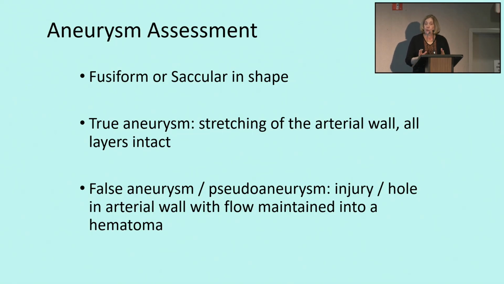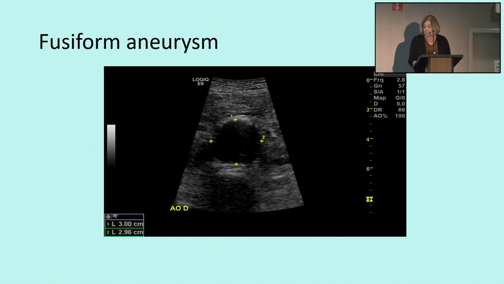A false aneurysm or pseudo-aneurysm is going to be an injury with a contained hematoma, a bleed out into something that may actually thrombose or not, and we have to be careful when we look for these things. So that's just the brief overview of those types that we might see.